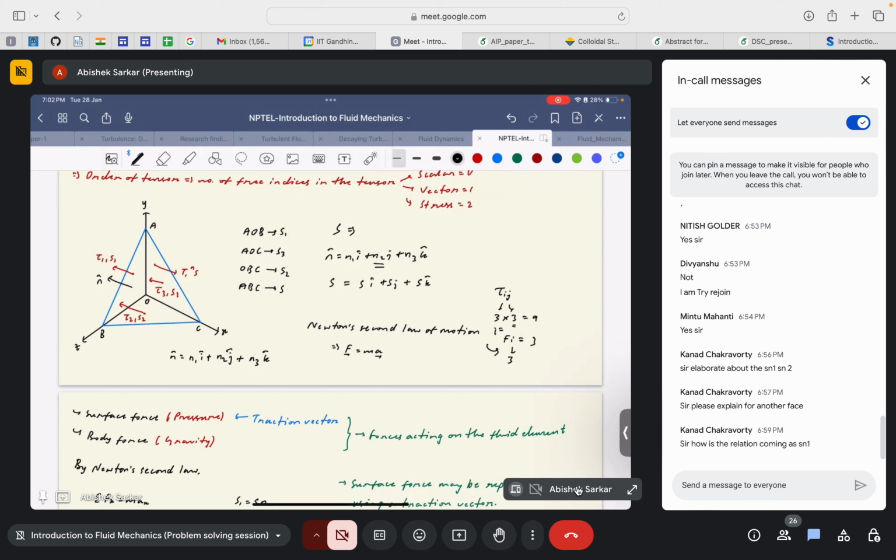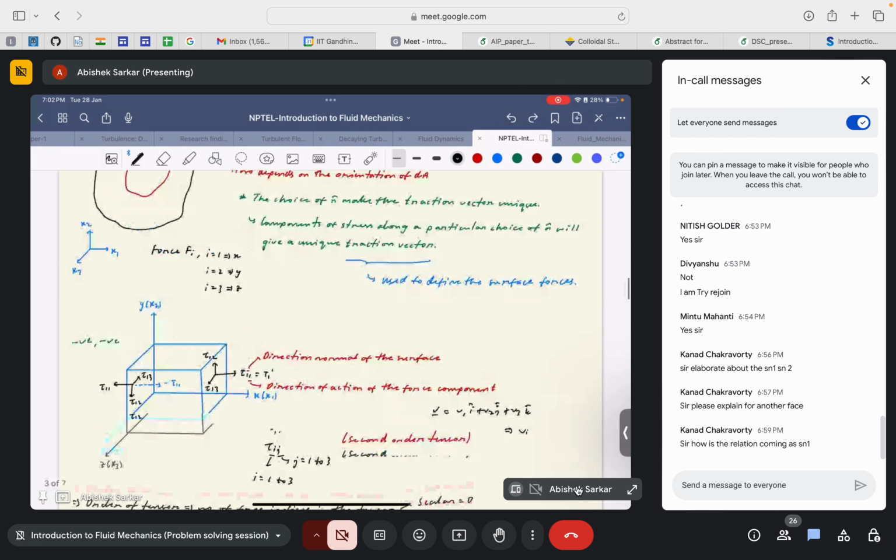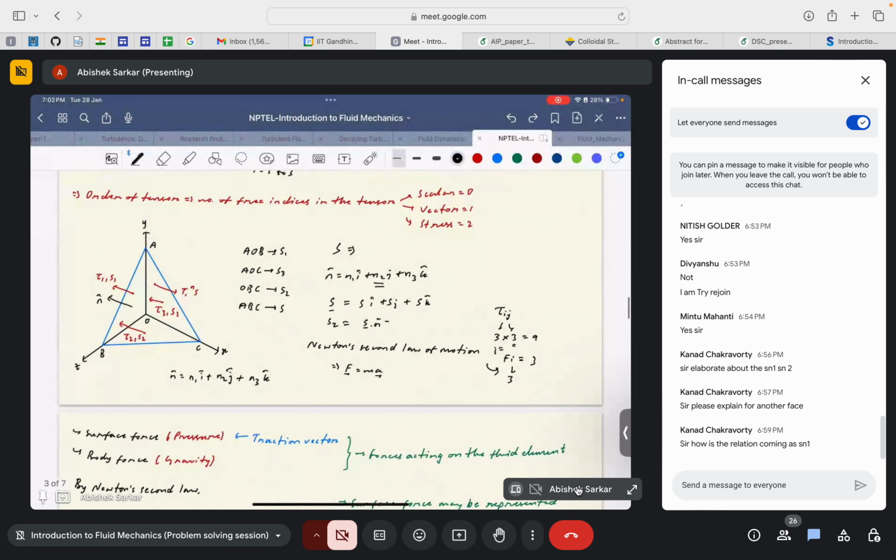Then S2 would be S dot n cap, that is, S n2.